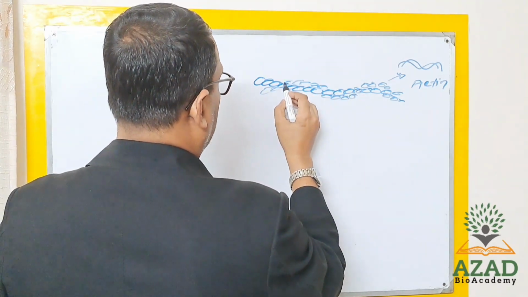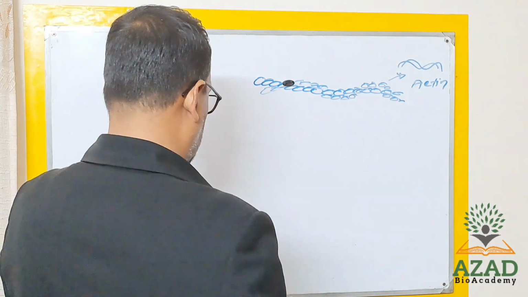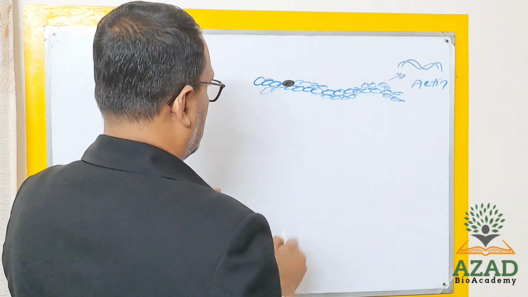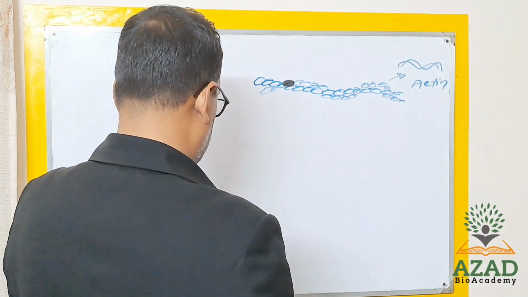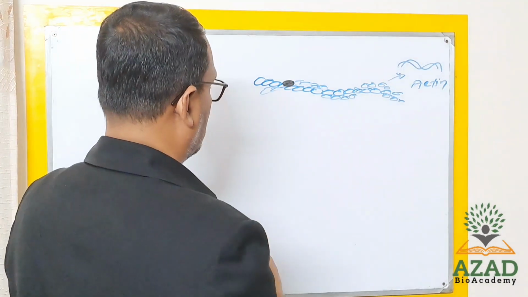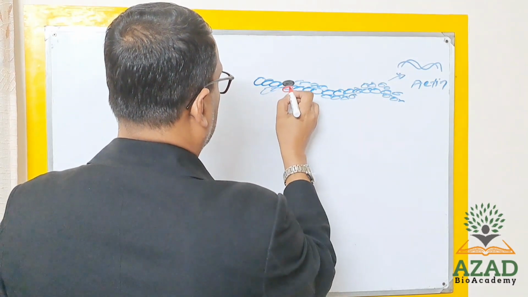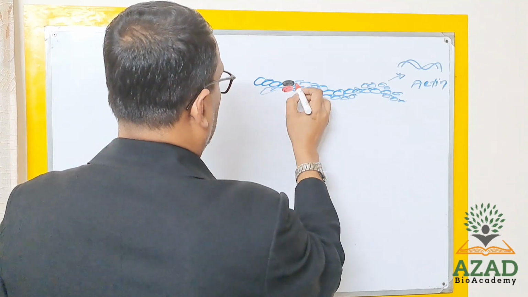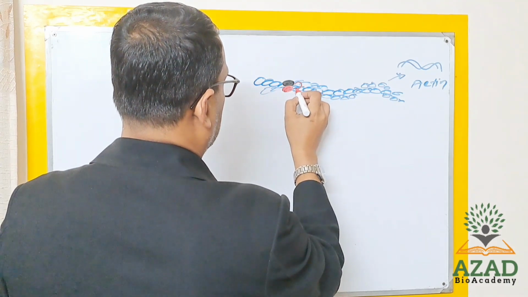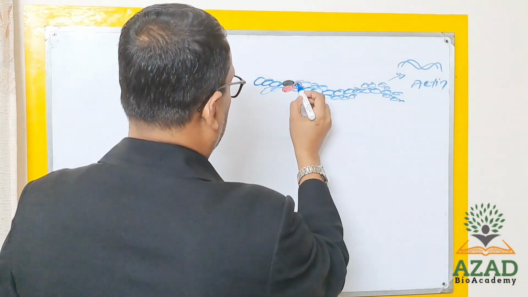So that protein complex, you can say this is one, this one is another, this one is another one, like that, and this one is another.